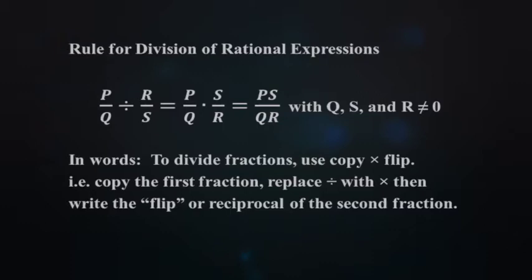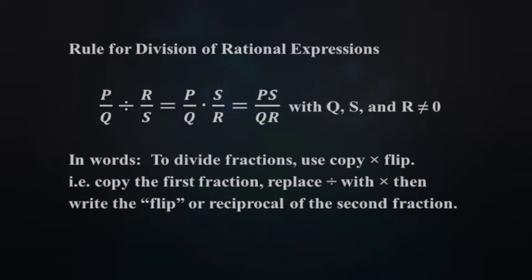The rule for division of rational expressions is: take the expression P over Q and divide it by another expression, R over S. To do that, we're going to use our copy times flip scenario, where we copy the first one, keep it P over Q, put a multiplication symbol instead of a division symbol, so times, and then flip the second one, or reciprocate it.